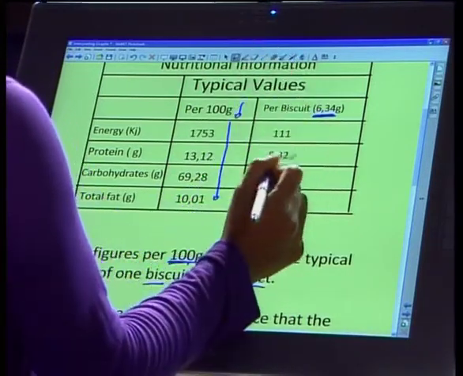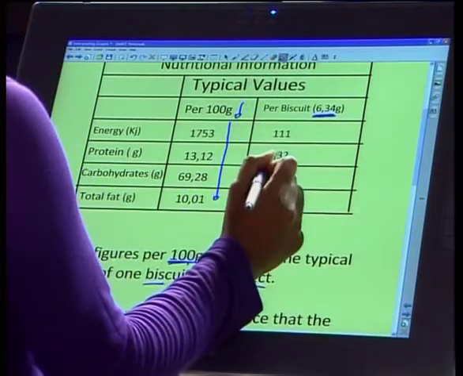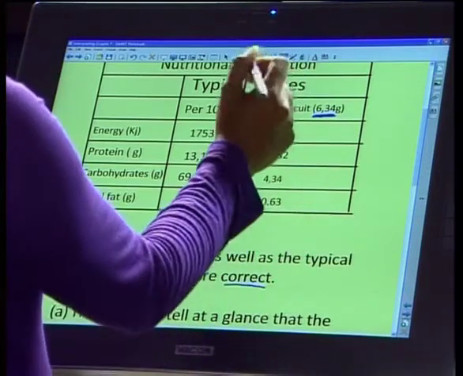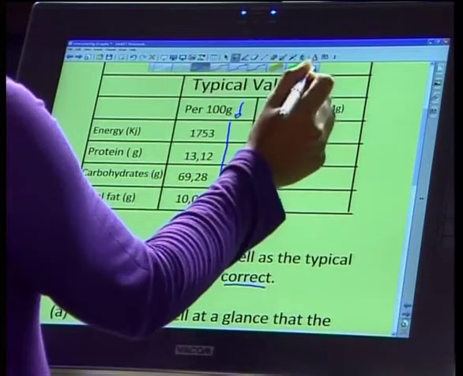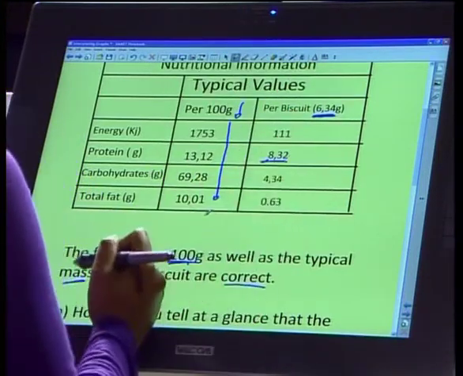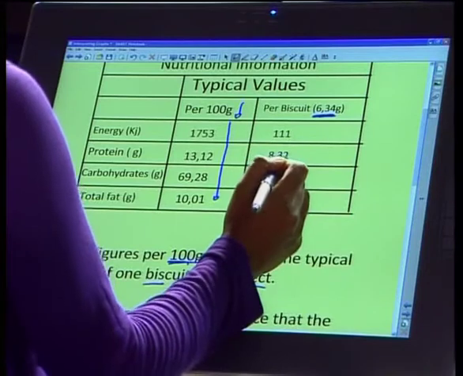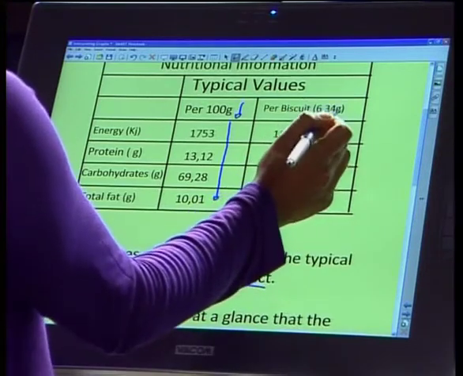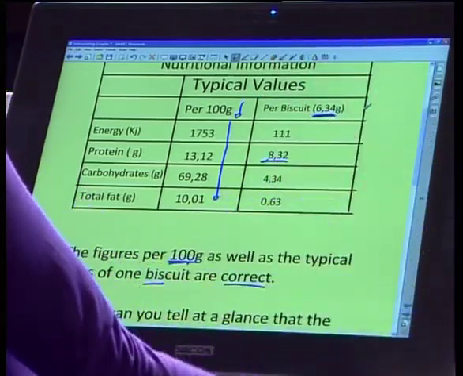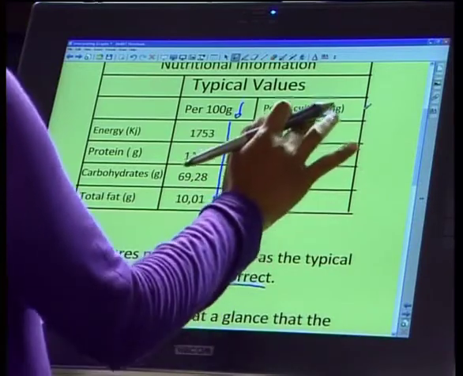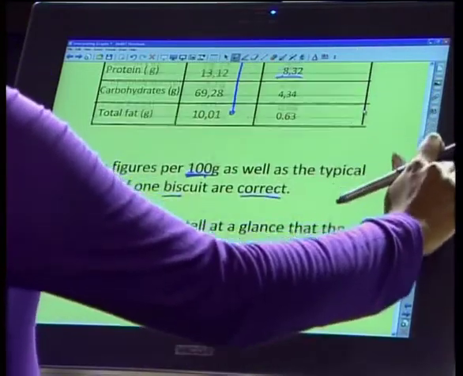It doesn't actually make any sense, because if we look at this, we see that we have a value of 8,32, which is in fact greater than the mass of the biscuit. So how is it possible to have more protein than the actual mass of the biscuit? Doesn't make any sense.